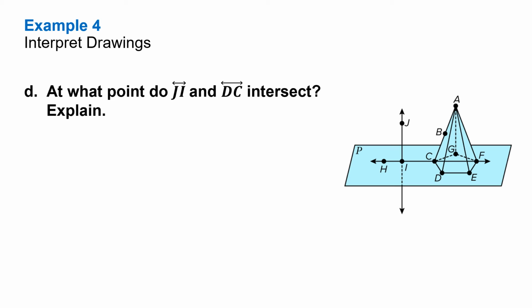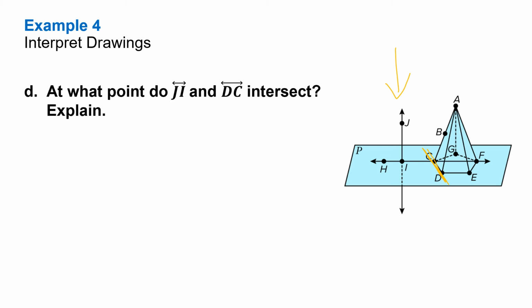At what point do line JI and line DC intersect? Well, the first thing I'm going to do is figure out where JI is. That's this line right here. And then line DC is this line over here.